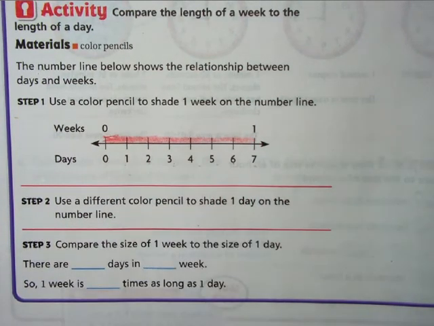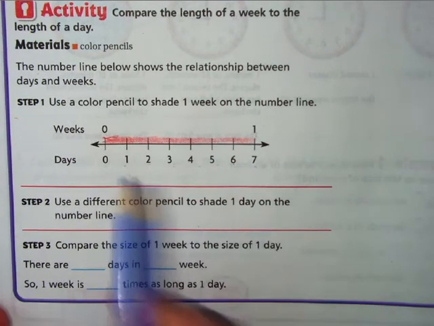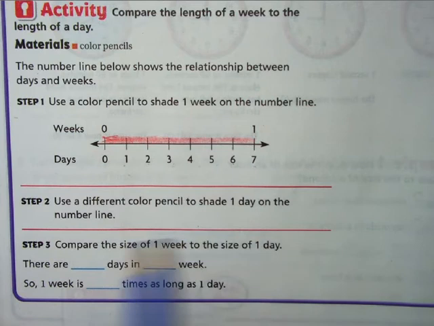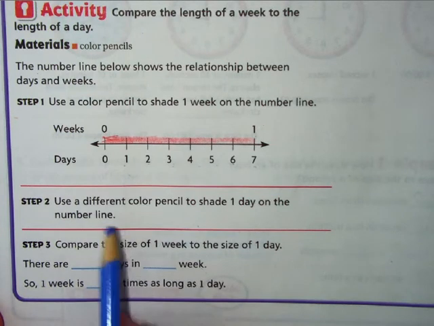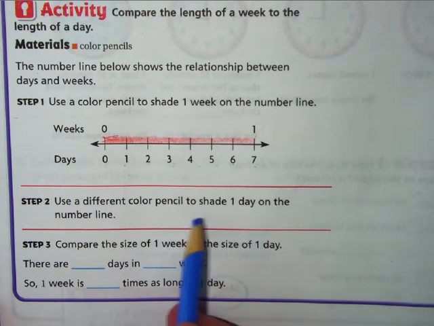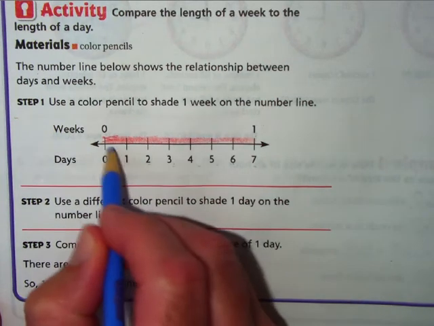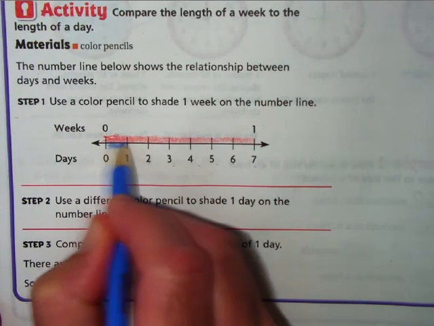All right. And then with a different color, I'll go blue. Use a different color pencil to shade 1 day on the number line. So 1 day is down here, and it's from here to here.